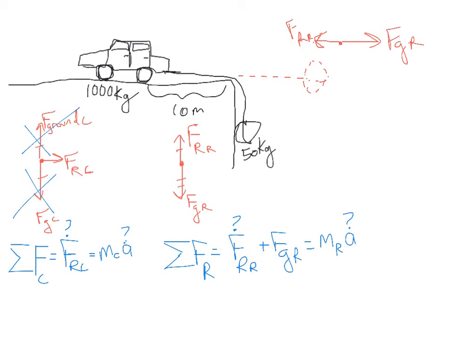That's a what? Are you thinking? I don't know if you just said it in your brain or out loud. The force of car on rock, force of rock on car, that is a force pair, which means they're the same amount, but in opposite directions.